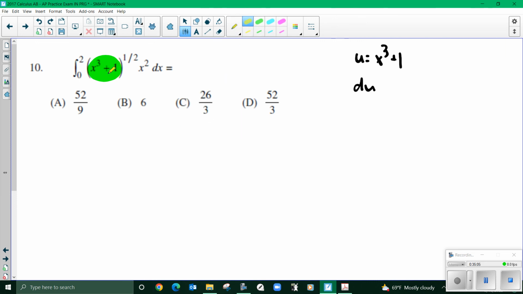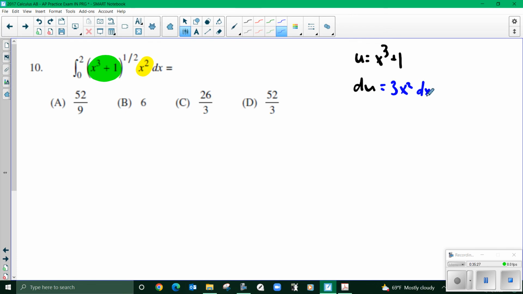So my original function, my derivative: I don't see the 3, but I see the x squared, which is the important part. So my derivative of x cubed plus 1 is 3x squared dx.